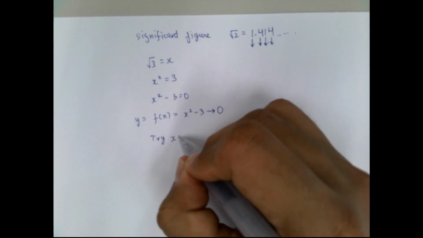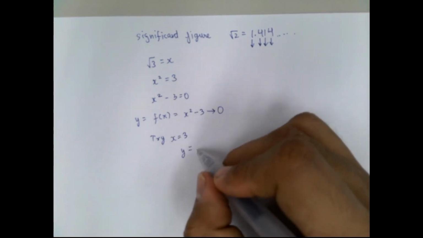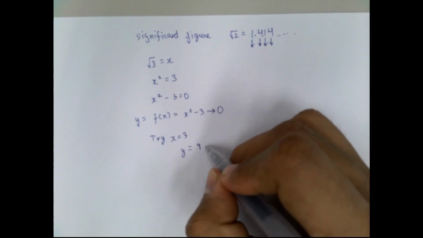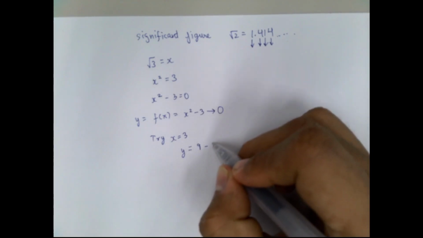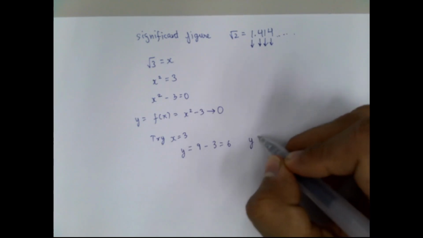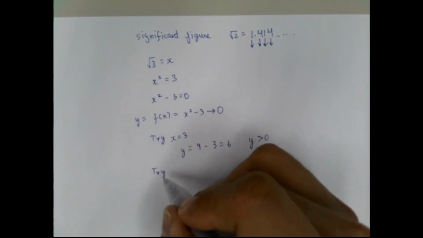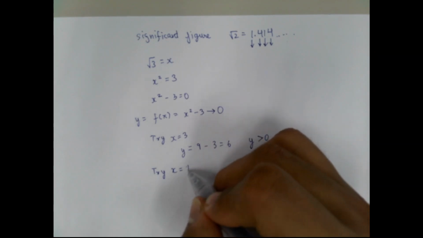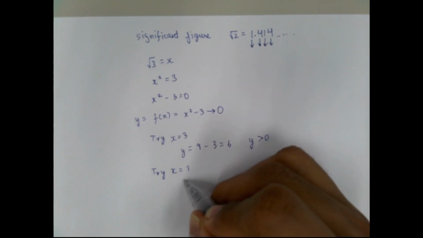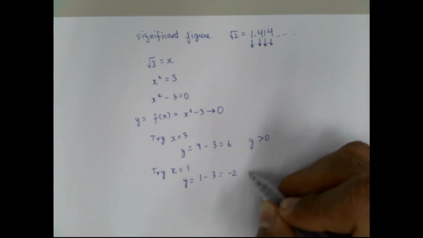So x is equal to 3, and y is equal to 9 minus 3, equal to 6. Now this is greater than 0, right? Now let us try the lowest value, which is 1. Therefore y is equal to 1 minus 3, which is equal to minus 2.